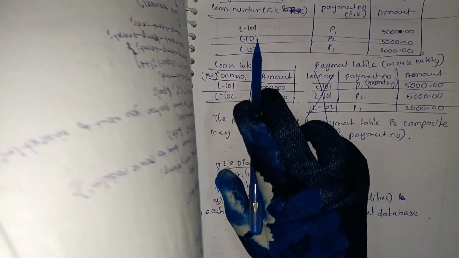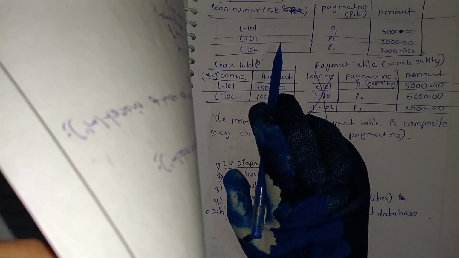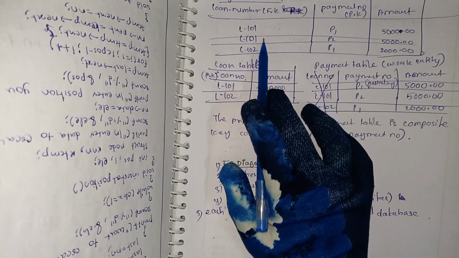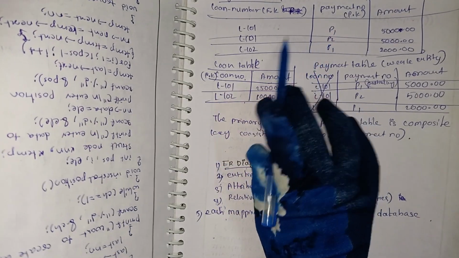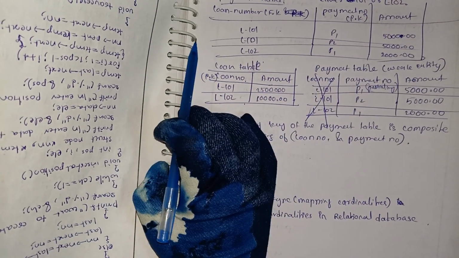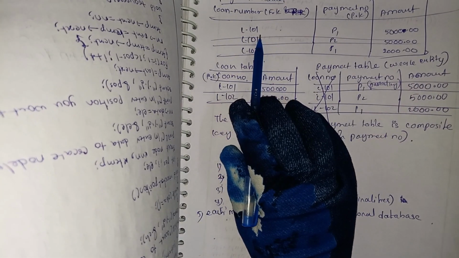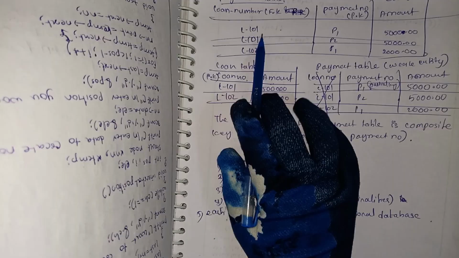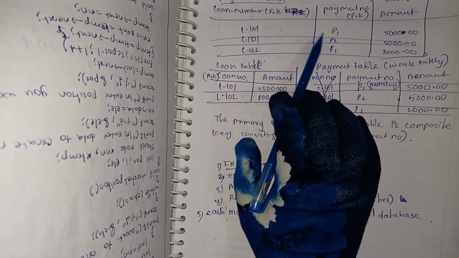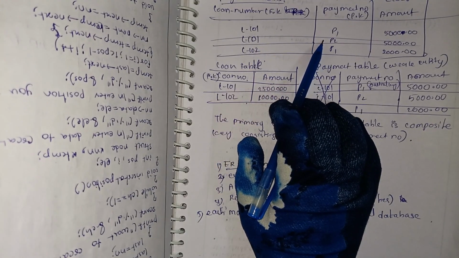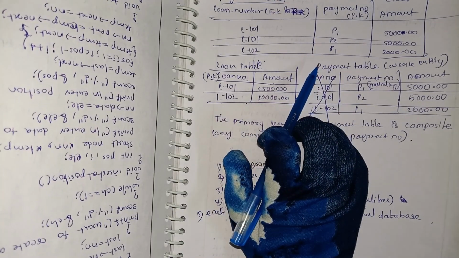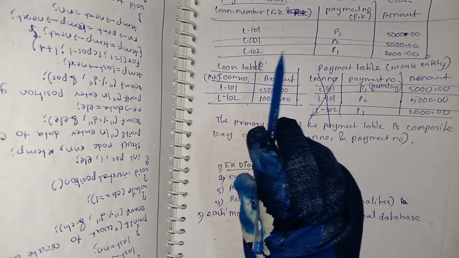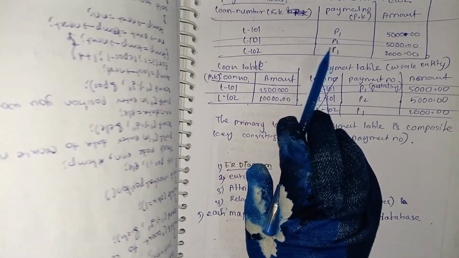So in this case one loan is mapped to multiple payment numbers. One value is mapped to multiple values in the second table. One to many relationship is established.